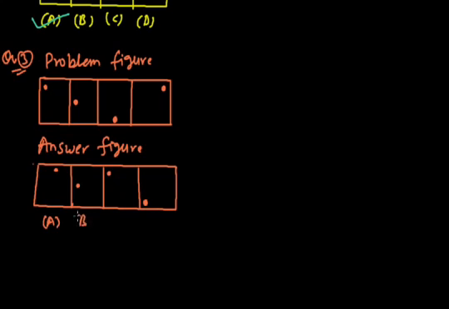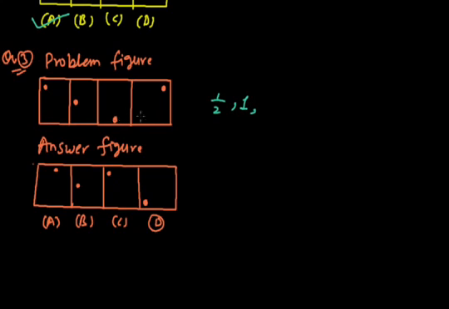Option A, B, C. In this problem figure, the dot moves in anti-clockwise direction. So we see here the dot moves in anti-clockwise direction half the distance. Next, the dot in second and third figure moves in anti-clockwise direction half distance, and distance is 1.